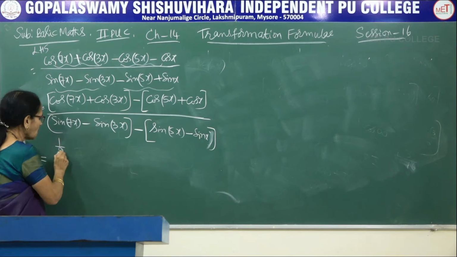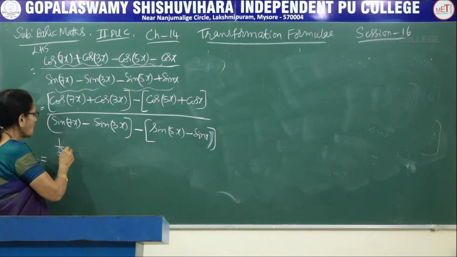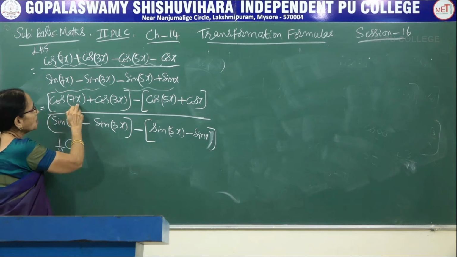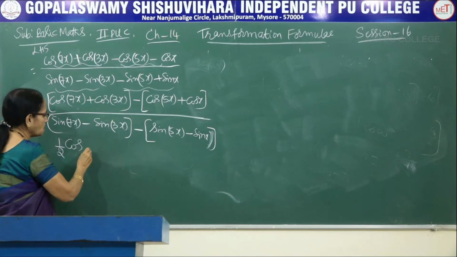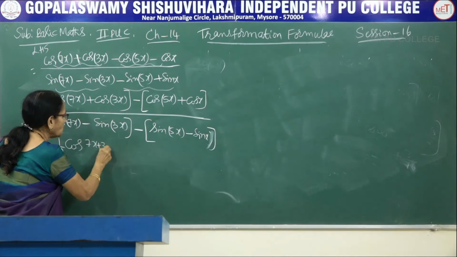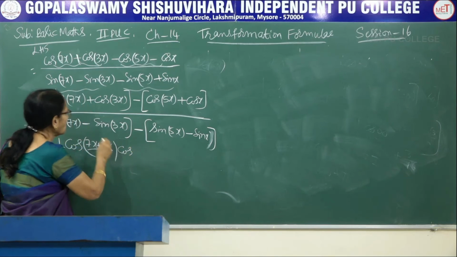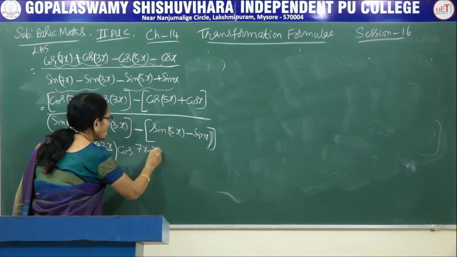That is half of, I think in your set of formulas, the 7th formula, product cos of C plus D by 2, 7x plus 3x divided by 2, I can directly write 5x, or if you get confused, it is 7x plus 3x divided by 2 into cos of C minus D by 2, 7x minus 3x divided by 2.